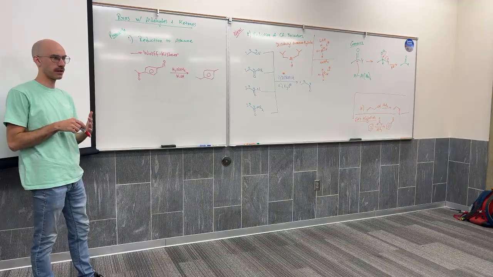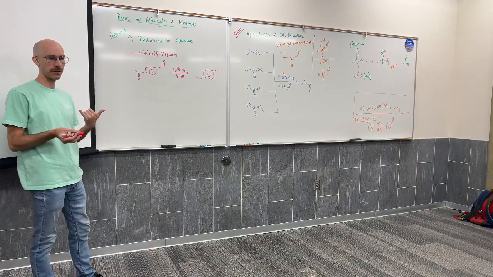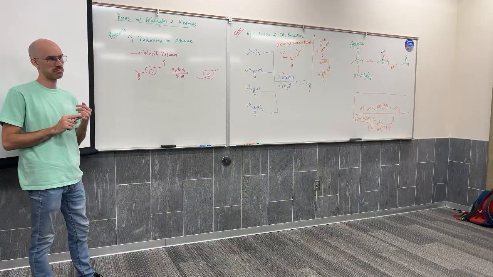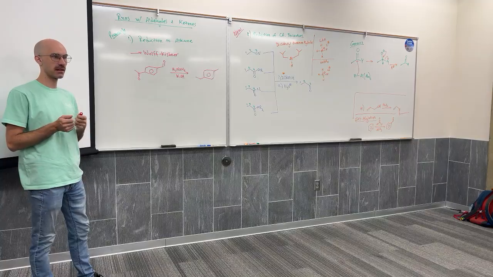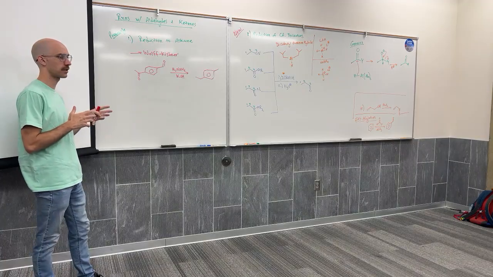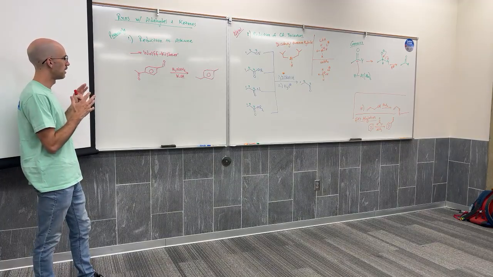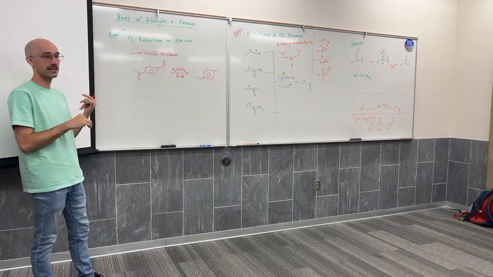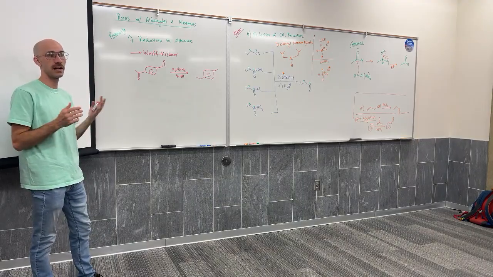Is it important that this is para-substituted? No. Just giving you an example that Wolff-Kishner reduction occurs with aldehydes and with ketones. It's not selective in that way.